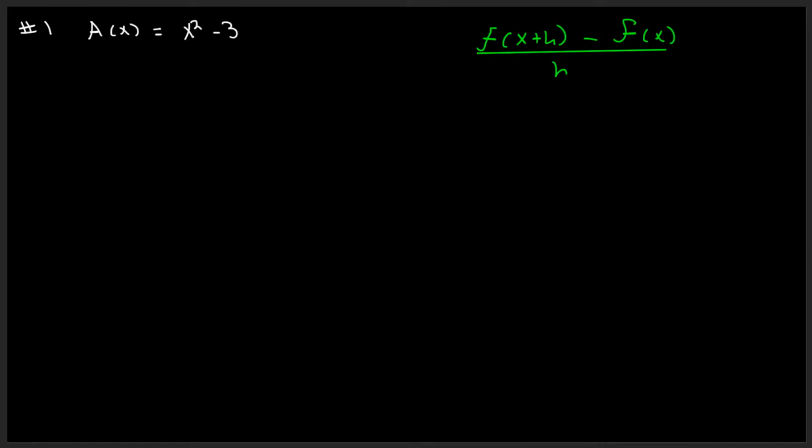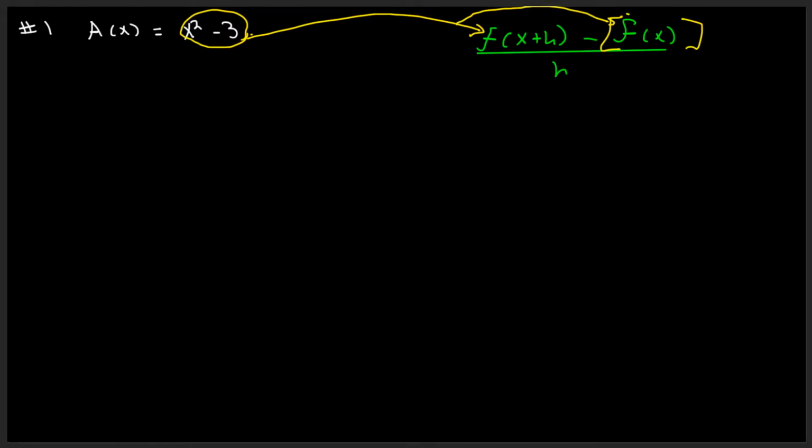And the real trick to being able to do this problem is setting up your problem. Once you've set up your problem, it's just basic algebra. So you need to understand that you are taking your function and plugging it into this formula in an altered form in the first part, and then in its original form in the second part.